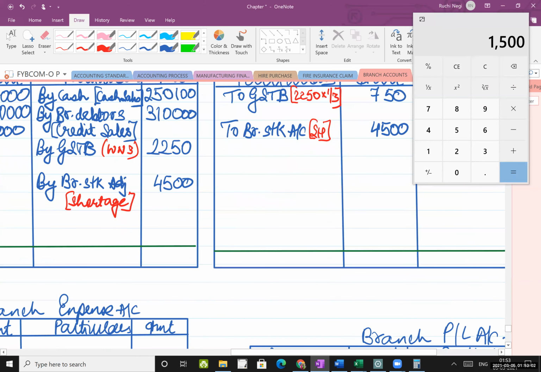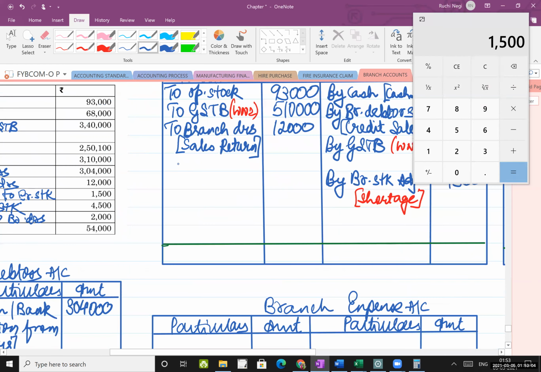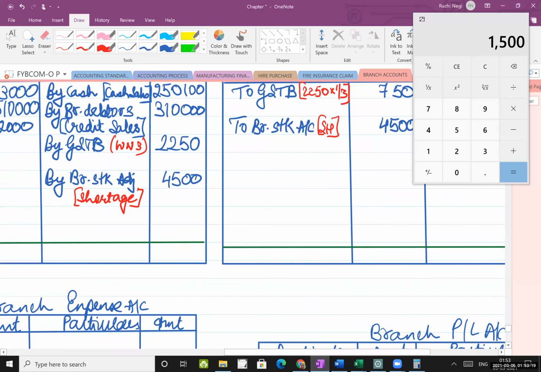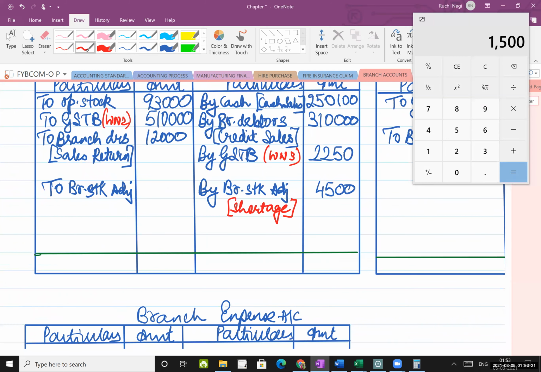Second effect, to branch stock adjustment. This shortage of 4,500, its loading is 1,500.